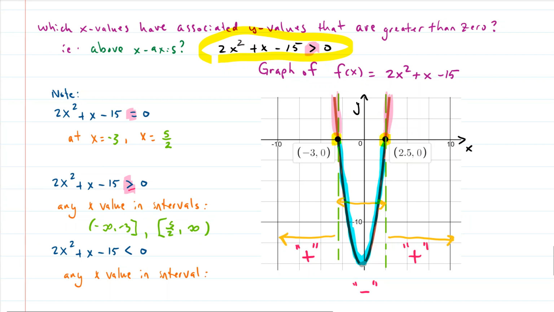Only negative, not less than or equal, but just strictly negative. Well, only in this middle interval. So we would write -3 to 5/2, or 2.5. And because it's strictly less than, we don't include the endpoints, because at the endpoints it's equal to 0, right? We do strictly less than, so it's parentheses here instead of brackets.